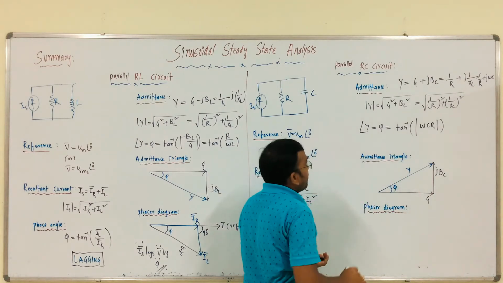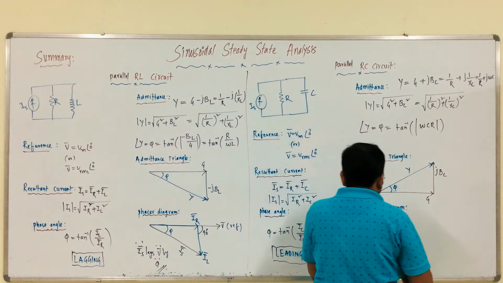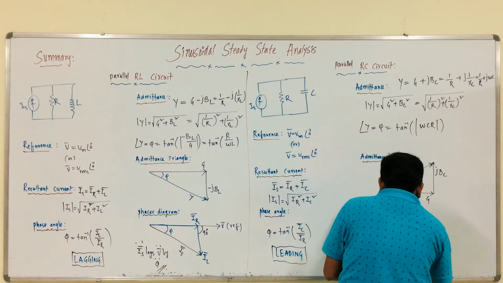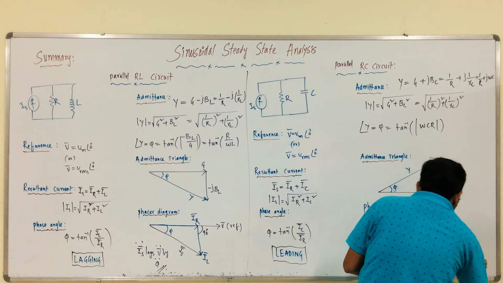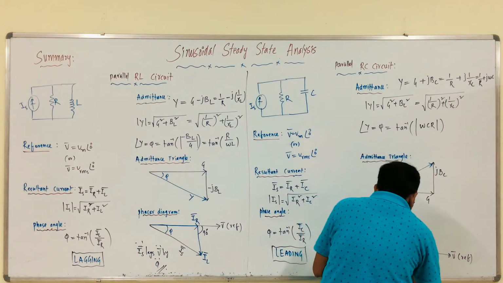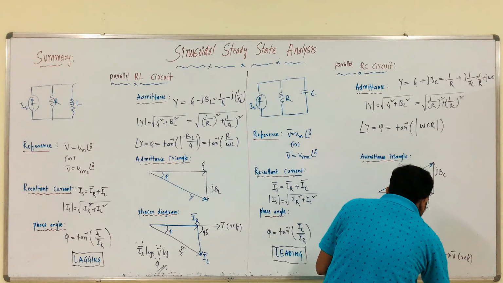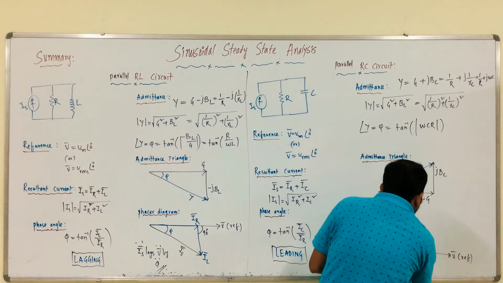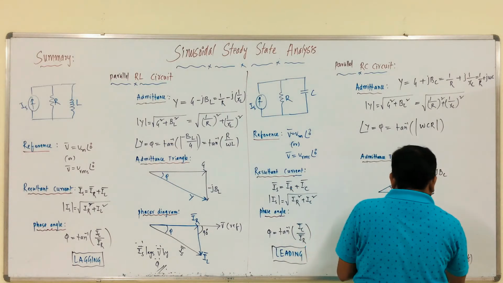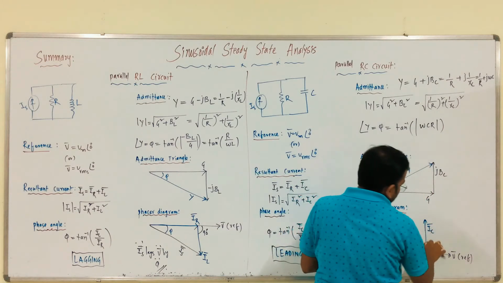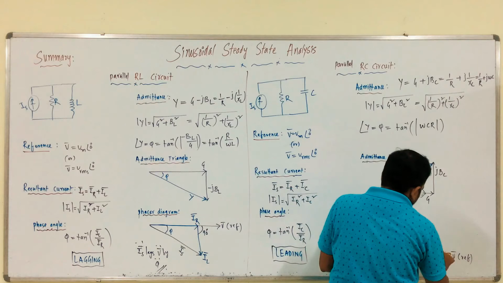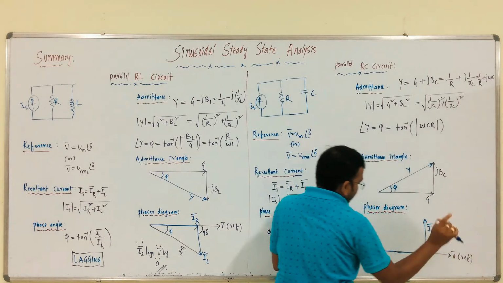Okay. Then coming to the phasor diagram with respect to this. Reference is V. IR is always in phase with this. This is IR. Then this is IC, right? Always capacitive current leads voltage by 90 degrees, satisfied.